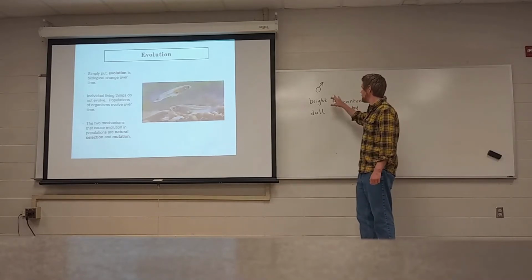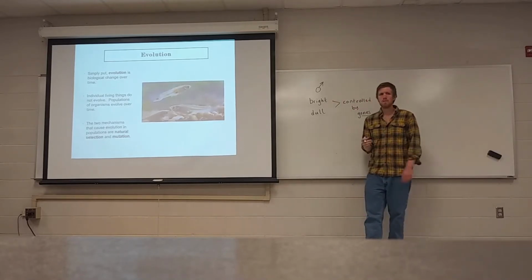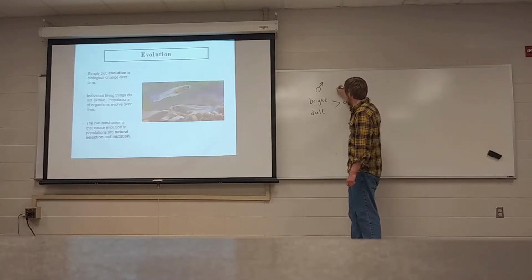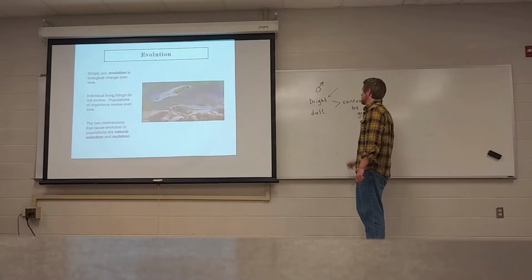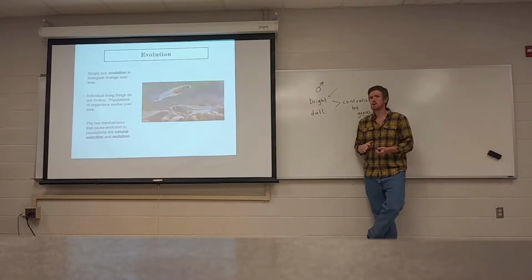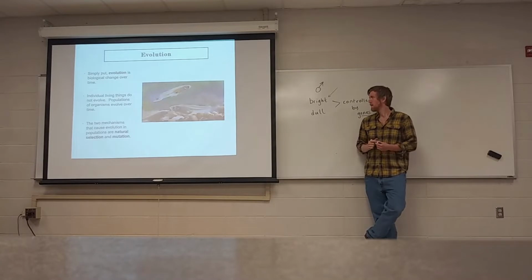Now, females choose which males to reproduce with, and the general favored coloration, of course, is the brighter coloration. If you can afford to devote energy to that kind of coloration, you're viewed as a very fit individual if you're a male guppy.